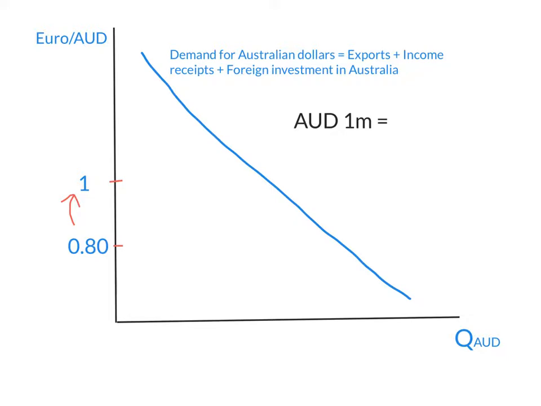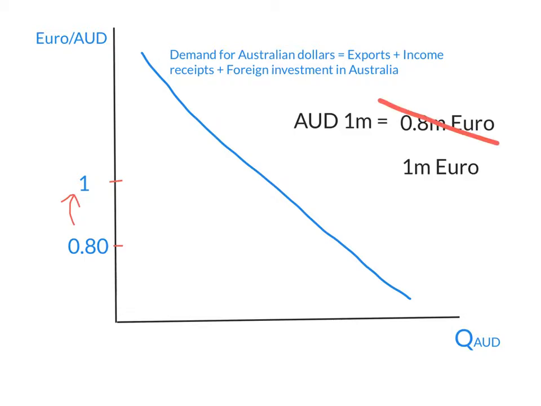Suppose you're a European mining company and you want to buy some mining equipment from Australia. And let's say the Australian price of that mining equipment is 1 million Australian dollars. At an exchange rate of 0.8 euro to the Australian dollar, the 1 million Australian dollars that you need to buy the mining equipment will cost you 800,000 or 0.8 million euro.